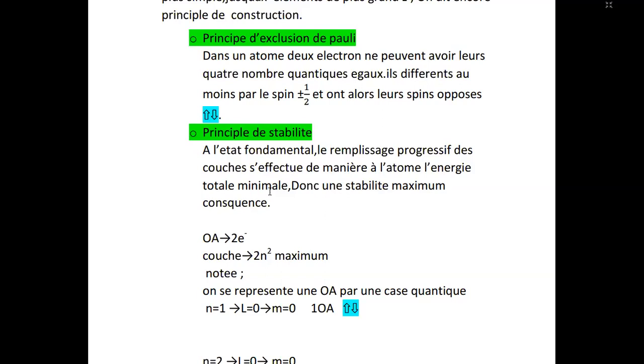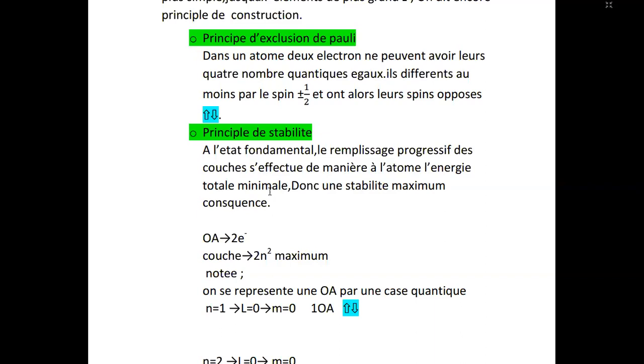So what it means here, when I'm given an atom, given an element, for example, oxygen. Oxygen has a proton number of 8, which means it has 8 electrons.